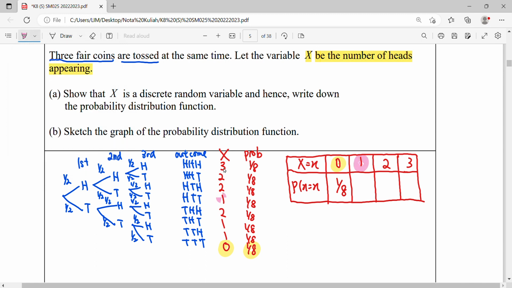Meanwhile, probability for 1, it will be 1/8, another 1/8, another 1/8. So we have 3 cases here. So 1/8 plus 1/8 plus 1/8, total up we will have 3/8.